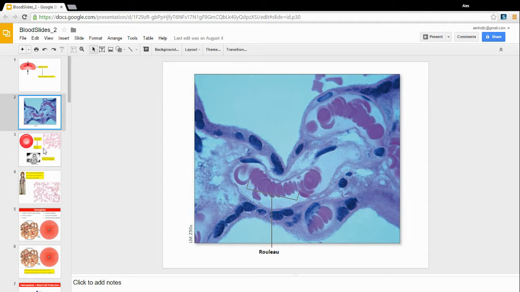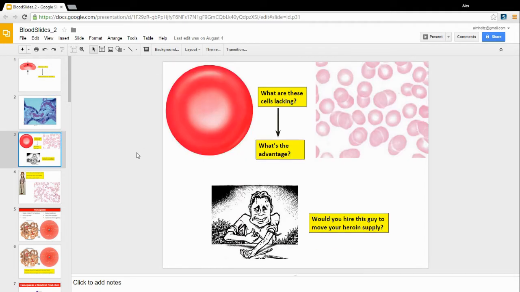Another cool thing about red blood cells is they're missing something. Look at those red blood cells. Upper right-hand corner, notice there is no nucleus in each cell. They're anucleate, and they also don't have organelles. Okay?